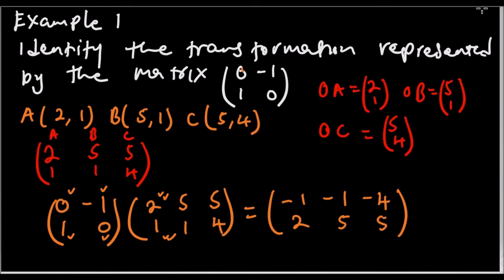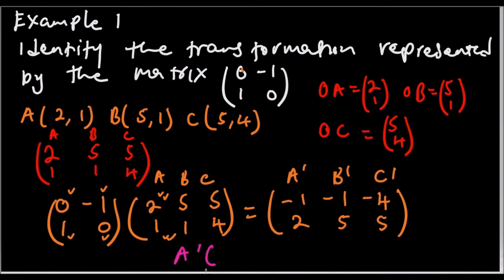So since we had already identified this is our A, B, and C, it means that this is the image A', B', and C', implying that we can write the coordinates of our image.